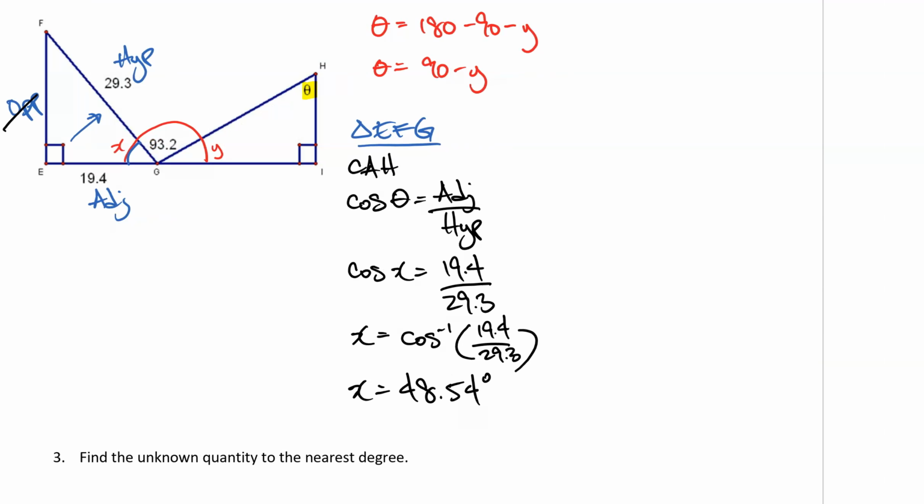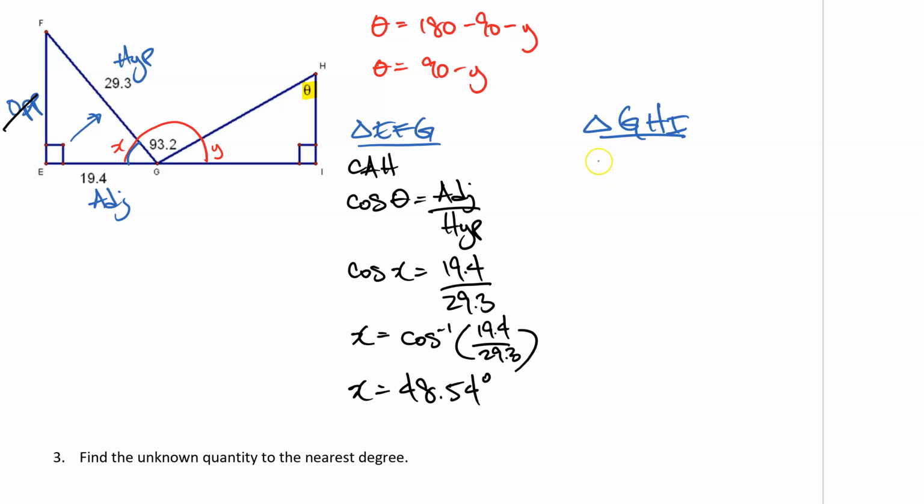So let's talk about GHI, triangle GHI, because triangle GHI is the one with my theta in there, right? So in triangle GHI, I can now actually give you y.